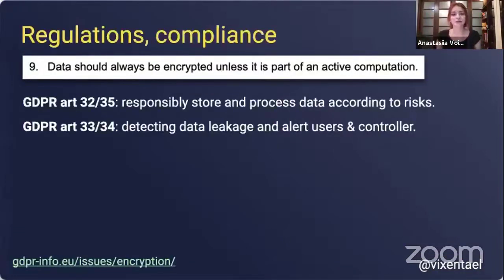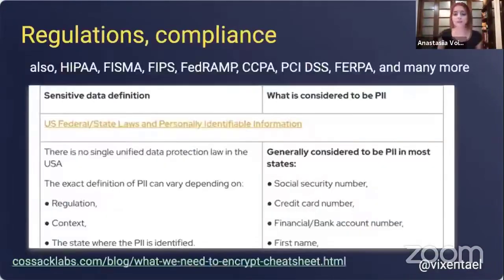In GDPR, there are articles that explicitly say data encryption. You can open GDPR articles, put in a search for encryption, and you will find it. Yes, GDPR is a data privacy regulation, about human rights, right? They don't define how exactly you need to encrypt the data. They just say state of the art, but still, they do say data encryption.